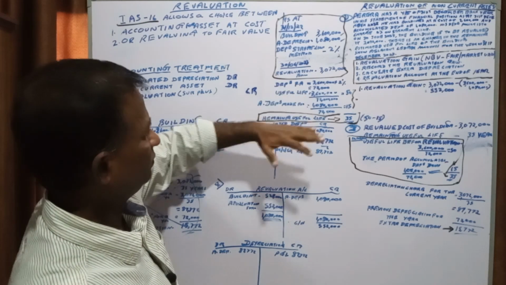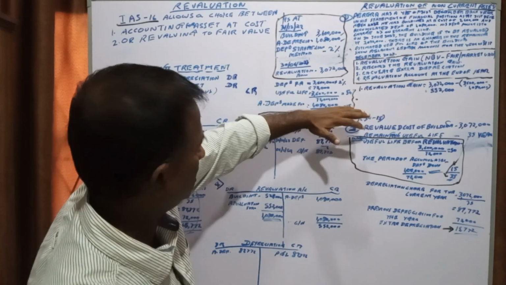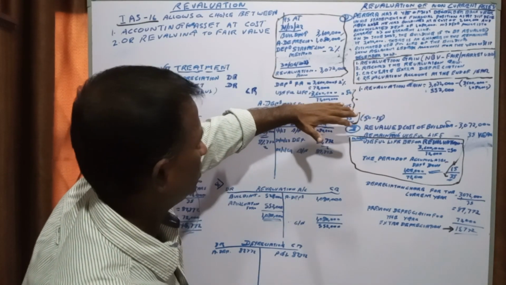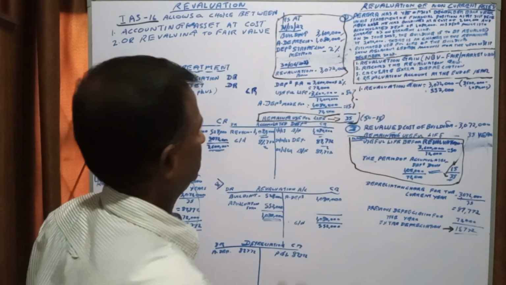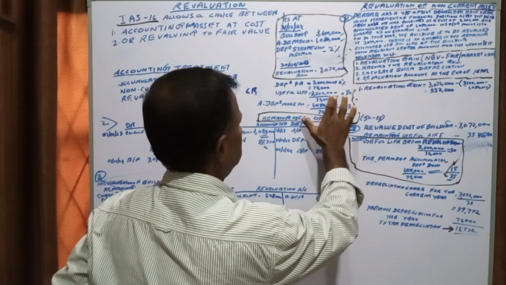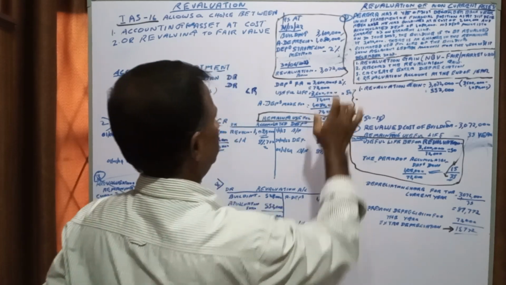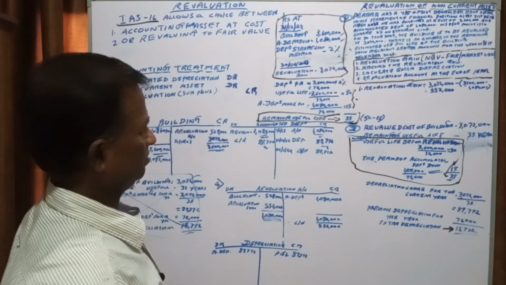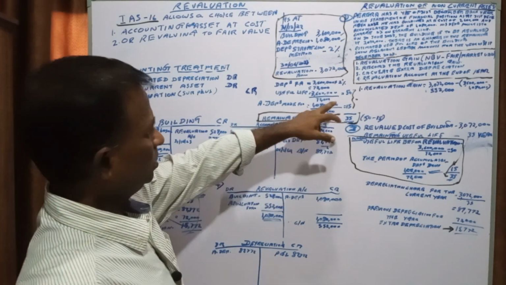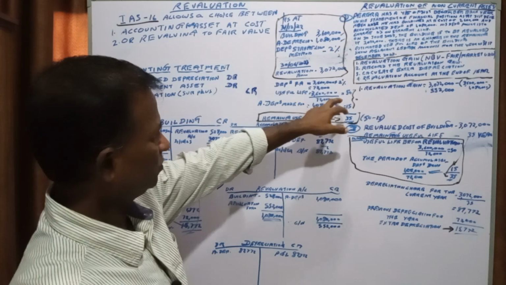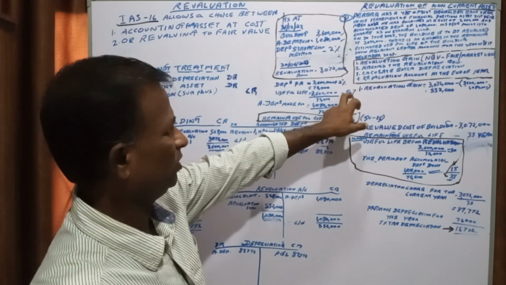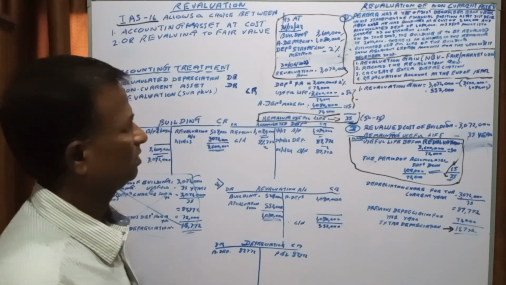So useful life is 3,600,000 divided by 72,000, which gives 50 years.